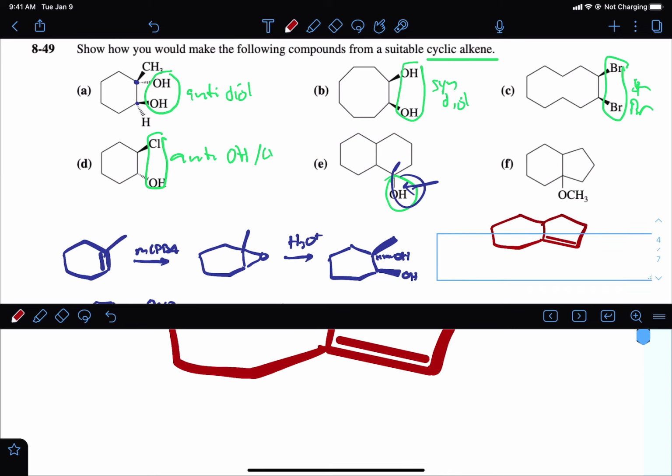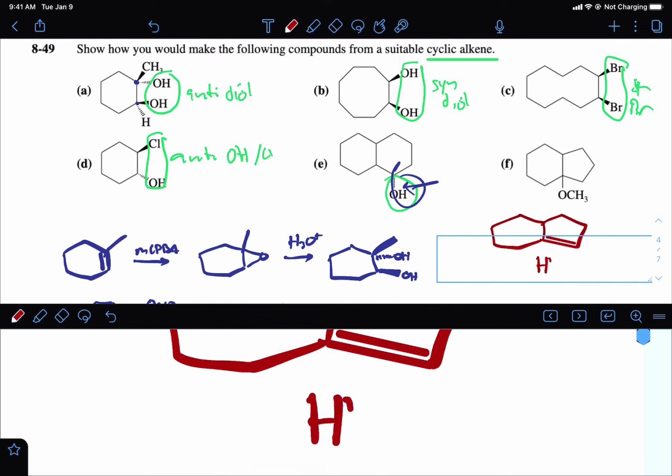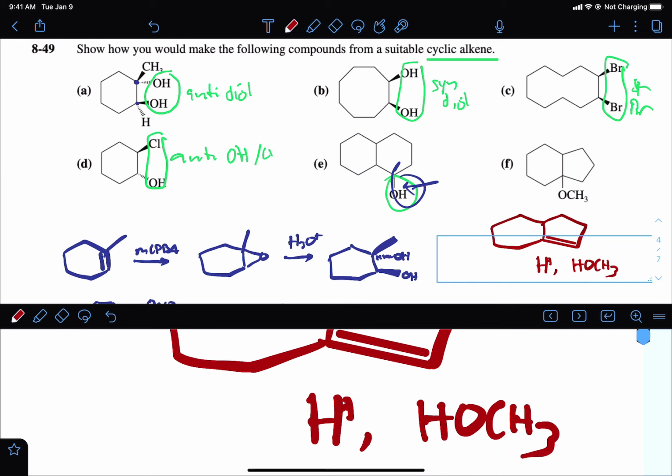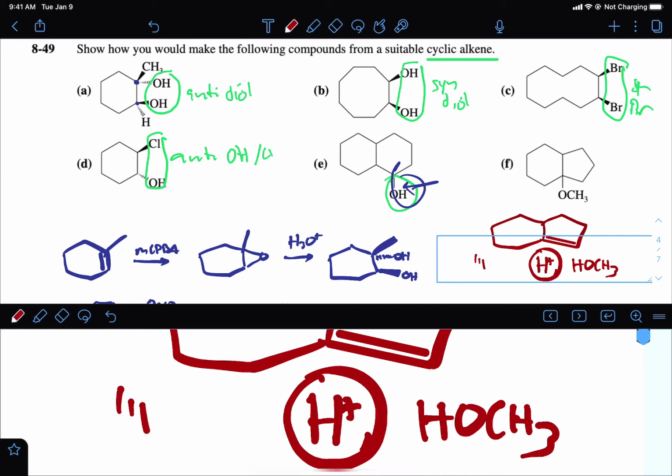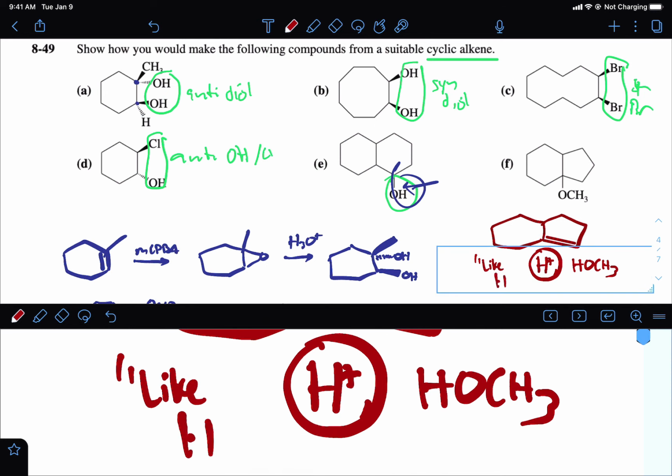And then do something like H plus and HOCH3, just like we did in the practice problem on the other sheet where we used acid, this was where I said like HBr. We do Markovnikov addition of an H and the OCH3.